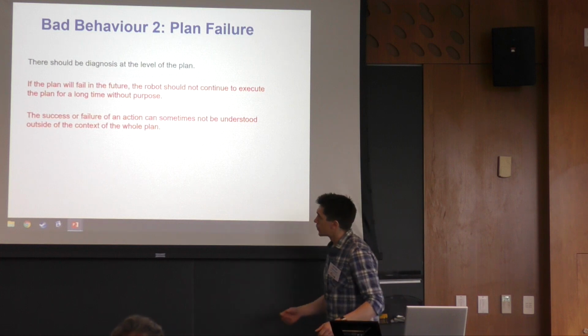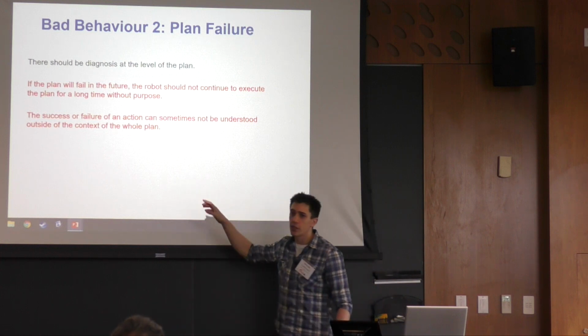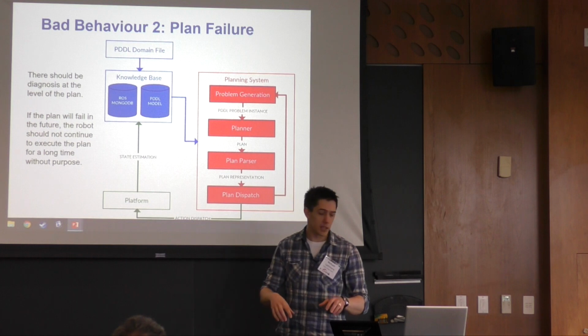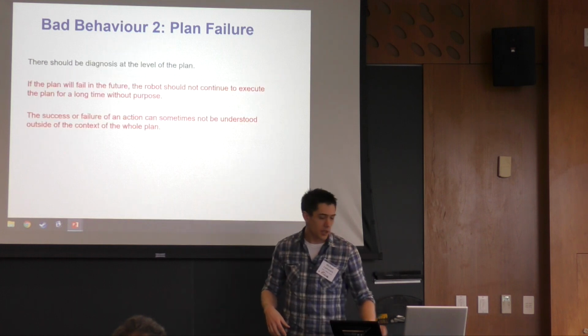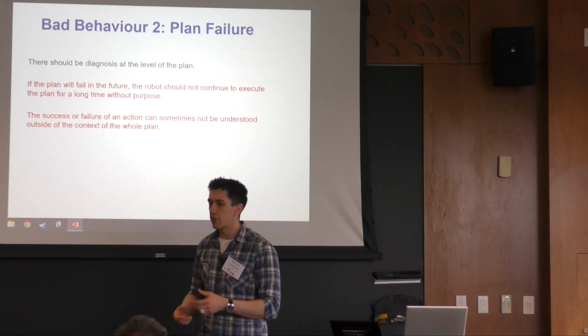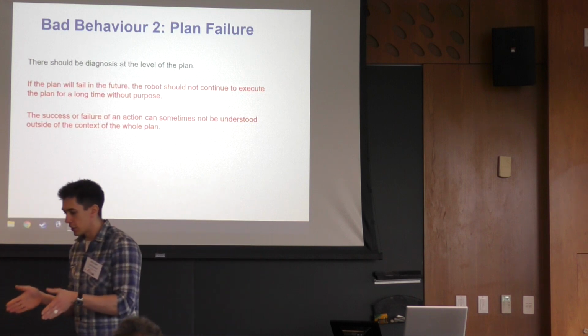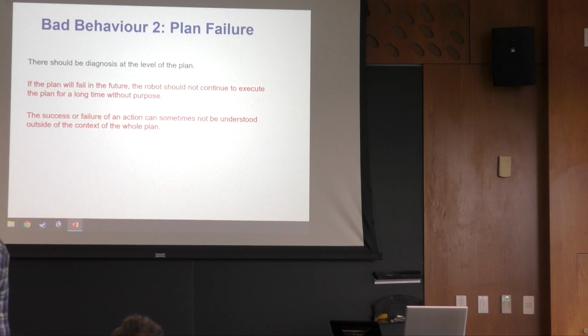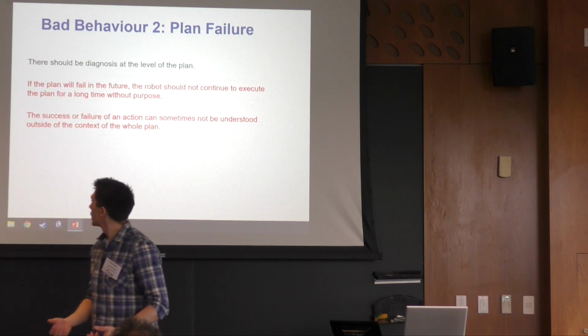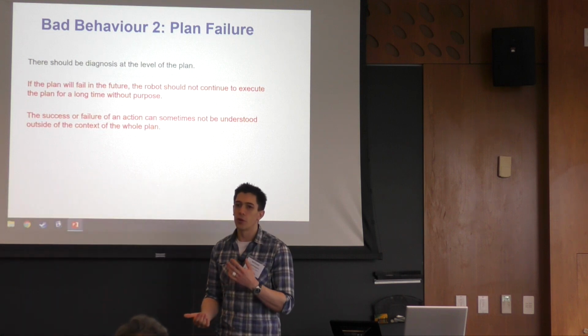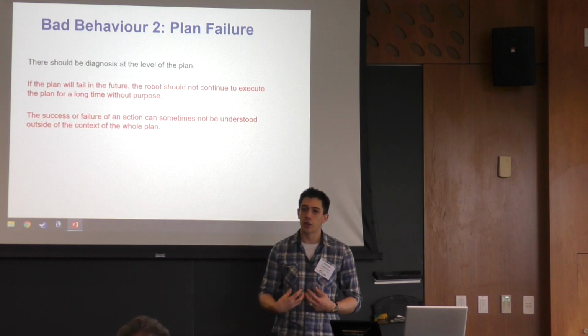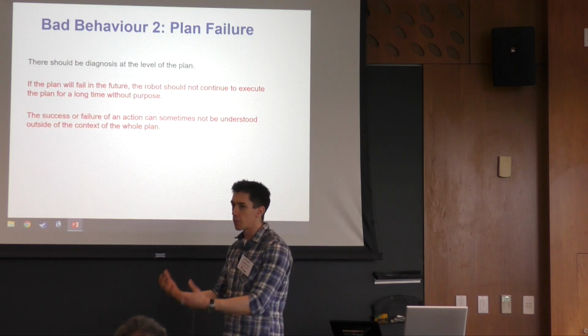One key point is that the success or failure of an action can sometimes be highly dependent on the context in which it's being executed. If the navigation action is to be followed by a turning valve action, then the accuracy of its final goal position is very important. But that's not always the case. And it's not possible for all of the actions to self-diagnose themselves within the context of a plan.